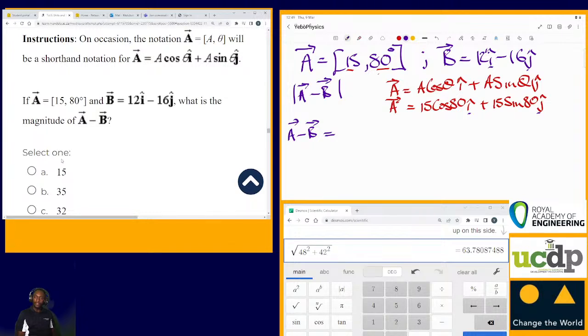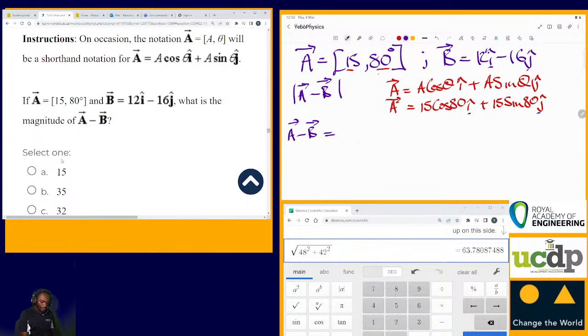Then the component of A in the j minus the component of B in the j.